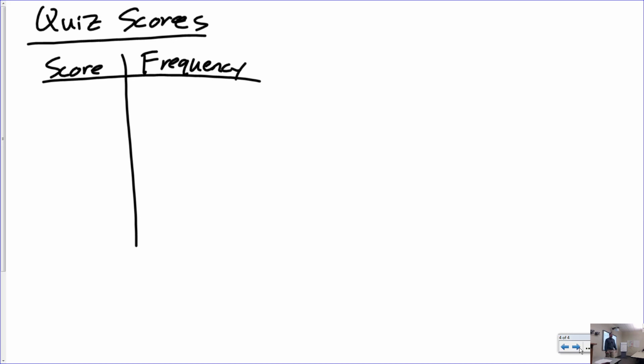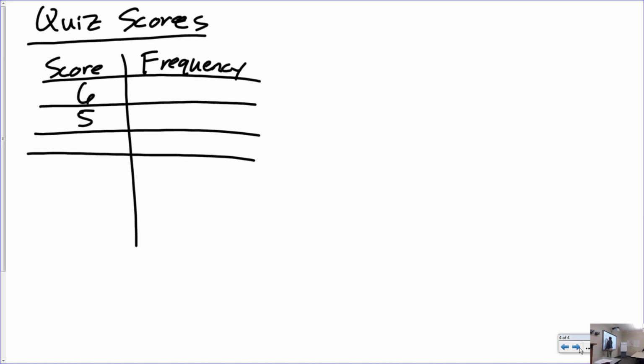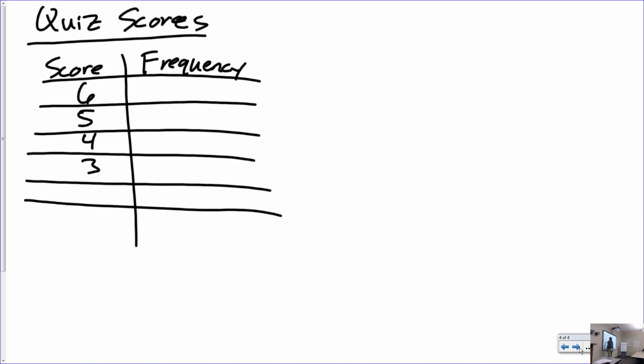And I used to create these frequency tables to describe my data, right? So possible scores on the quiz were from 6 down to 0.